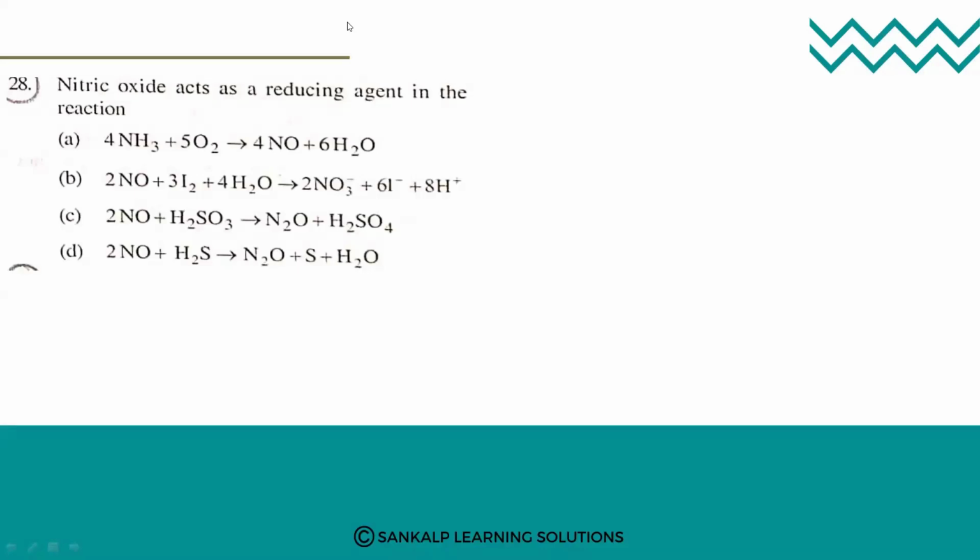Okay. So here, among the following reactions, in which of the following reactions is nitric oxide acting as a reducing agent?